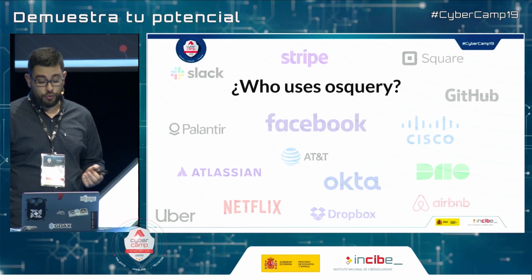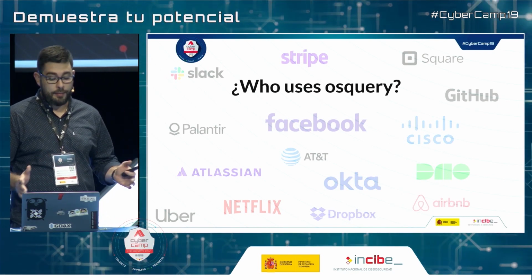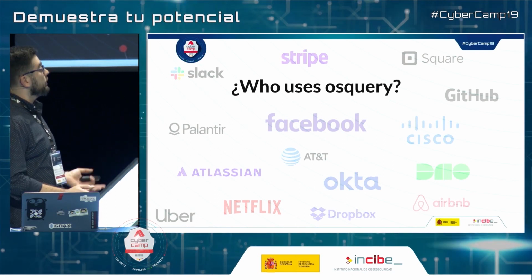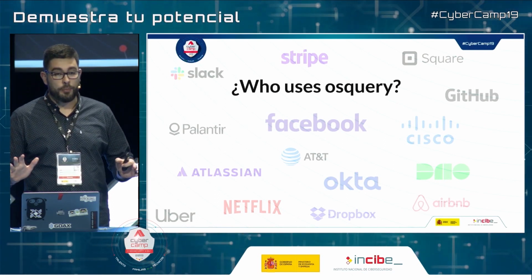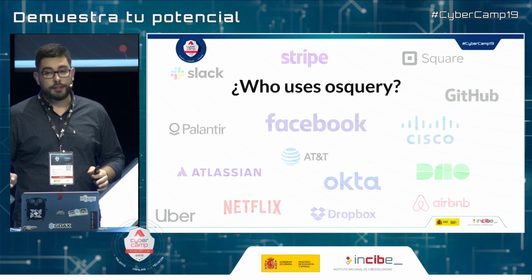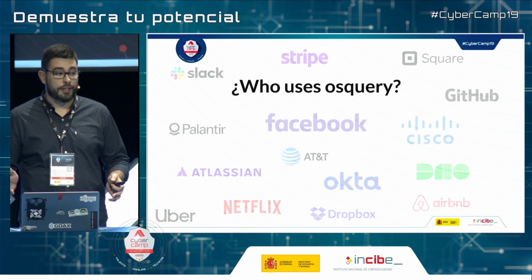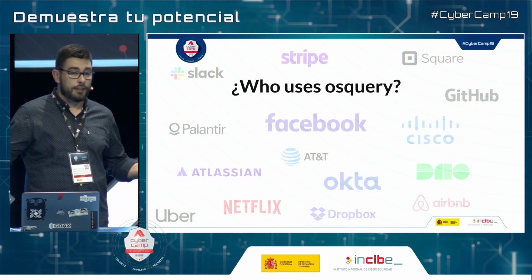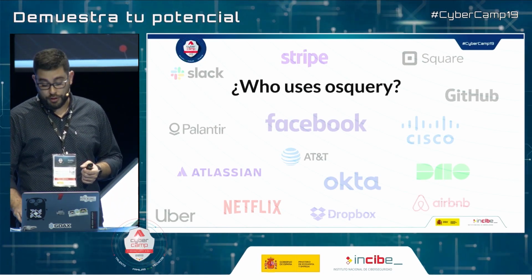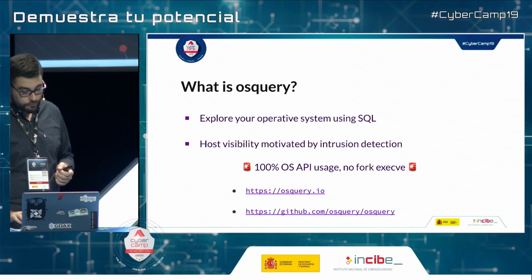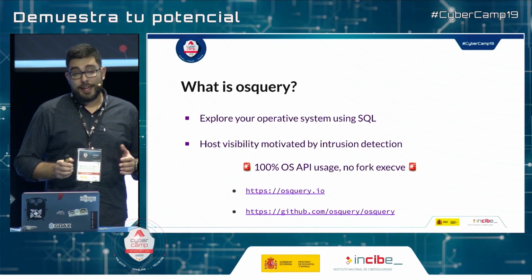Obviously, Facebook uses OSQuery in all their systems, even network appliances, and all the others as well. So you get an idea more or less of the impact of a tool that was developed by 3 people, the engineers in this project, and which is now being used in very important production systems.